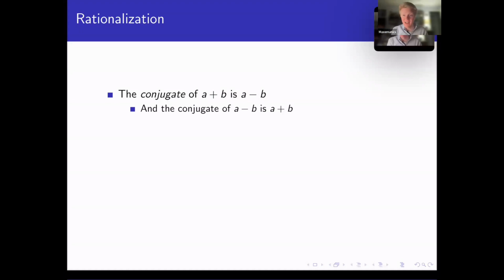And what you're going to find a lot, and that's on purpose, is that conjugates come in pairs. So the conjugate of A plus B is A minus B, and the pair A plus B and A minus B is a conjugate pair. So the conjugate method for weird-looking square roots is to multiply by the conjugate.